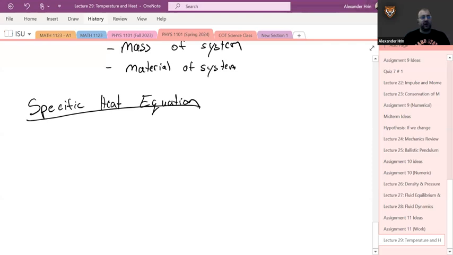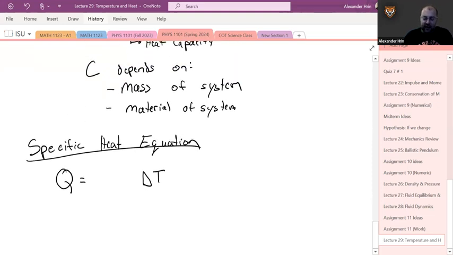And what this equation is saying is, okay, our heat is still going to be proportional to your change in temperature, but we're going to break that heat capacity into two things. So basically, we say that heat capacity was equal to the mass of the system, and then some property of the material. And this is often indicated with just a small c.